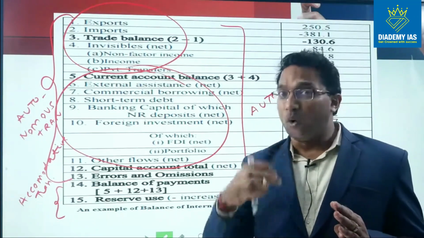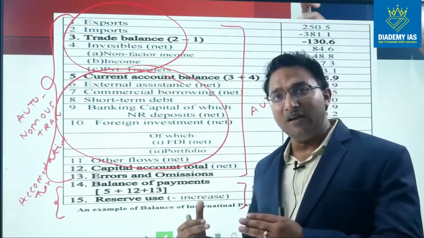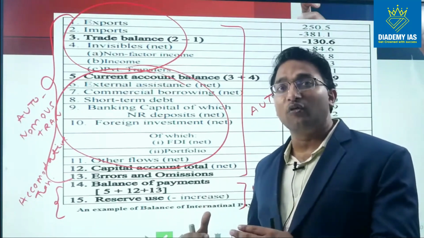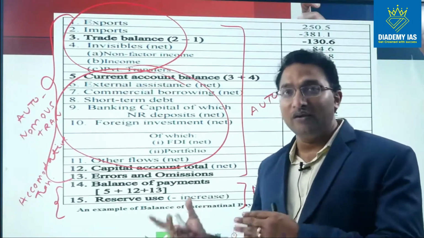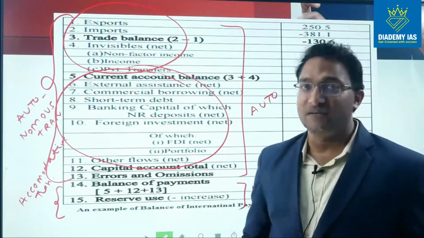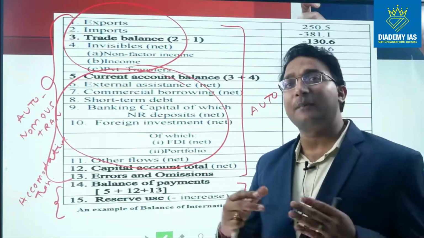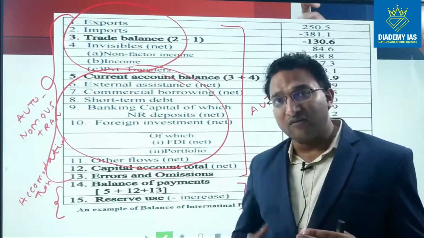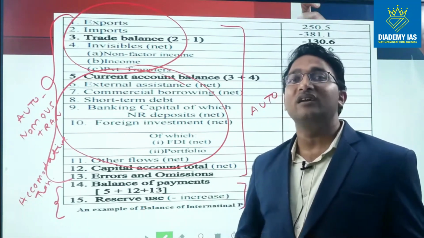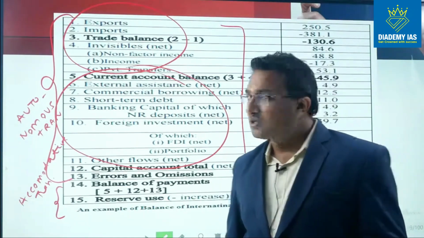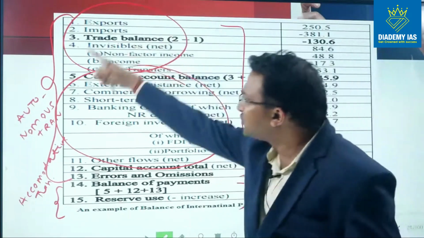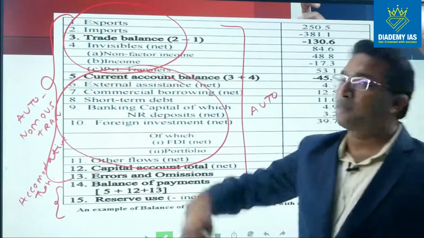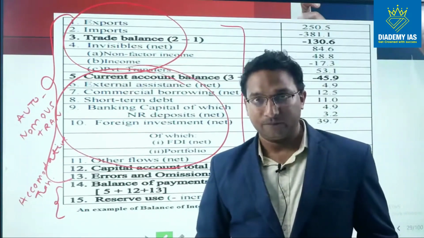If we are importing, either we are consuming it or using it for further production and exporting the same and maximizing the profit. Similarly, in the capital account, we are borrowing from a foreign country so that we can increase our profit. So the purpose of all these transactions is to maximize the profit.